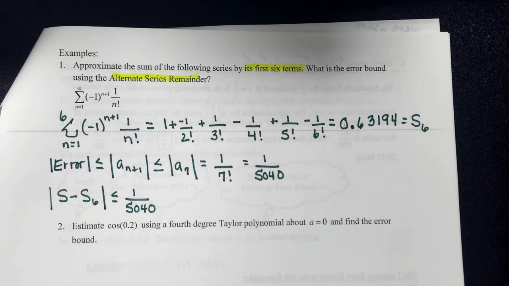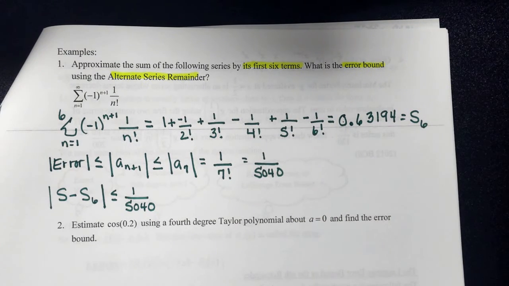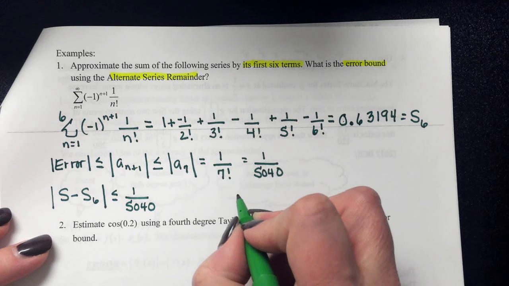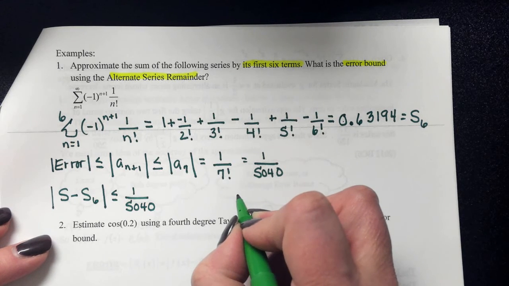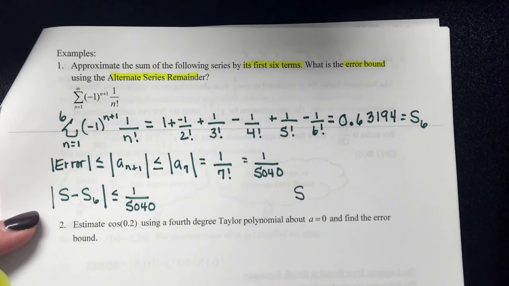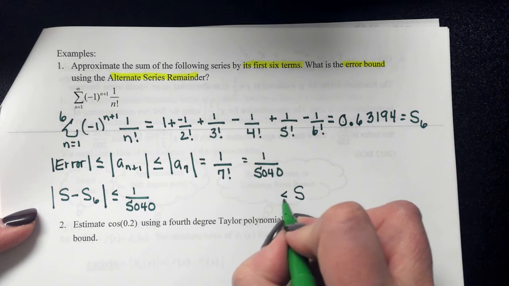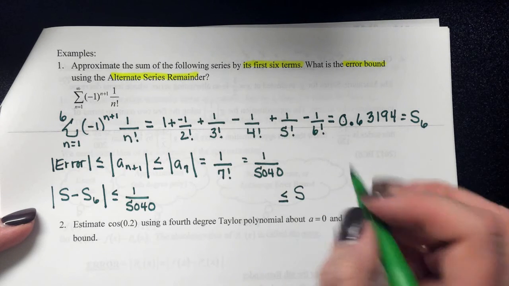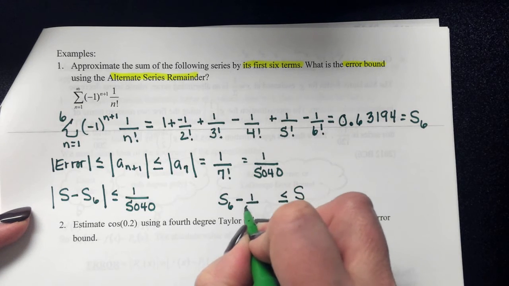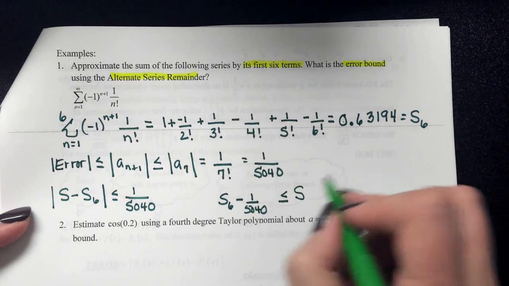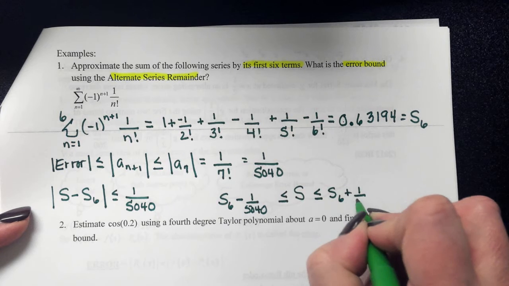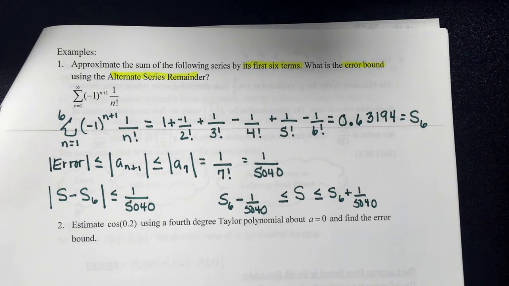So when they ask you for the error bound, what you're doing is making a compound inequality. I know that the actual sum of this series, whatever it is, which I'm going to call S, is going to be greater than or equal to the sum of my first 6 terms minus this error bound, and less than or equal to that partial sum plus the error bound.